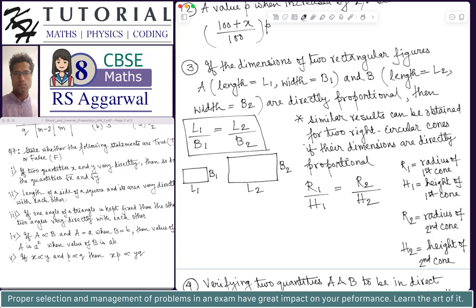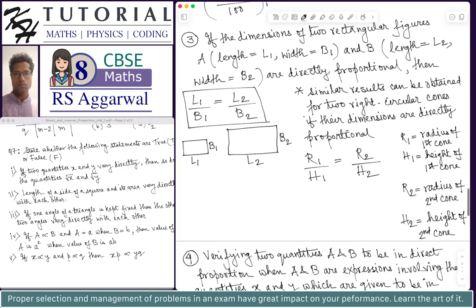If you consider two right circular cones, where the first has a base radius of R1 and height H1, and the radius of the base of the second cone is R2 and its height is H2, and it is given that the dimensions of these two right circular cones are in direct proportion, then what it means is that R1 by H1 is equal to R2 by H2. That is, the ratio of the radius and height of the first cone is equal to the ratio of the radius and height of the second cone.